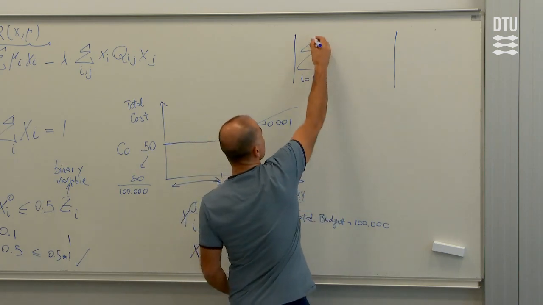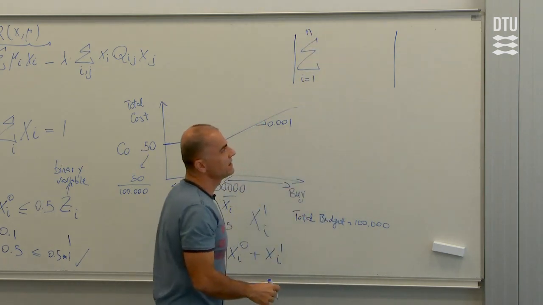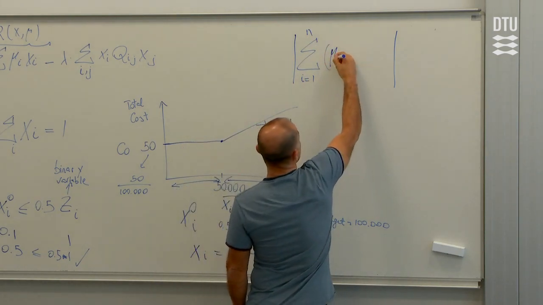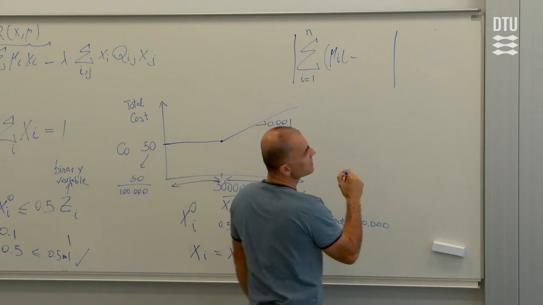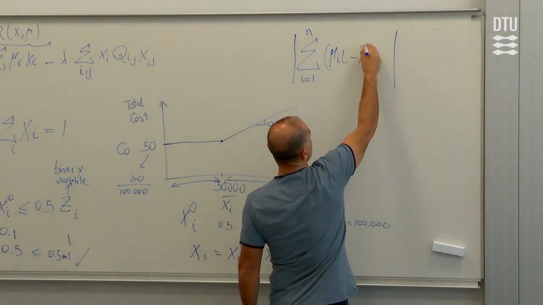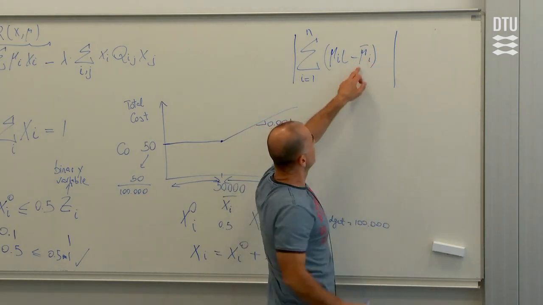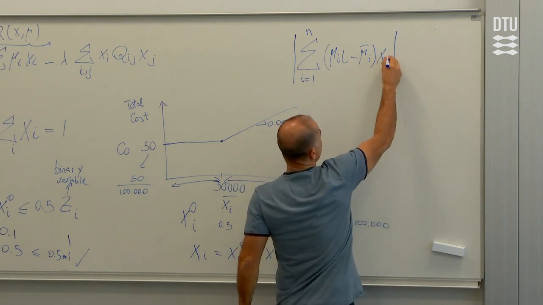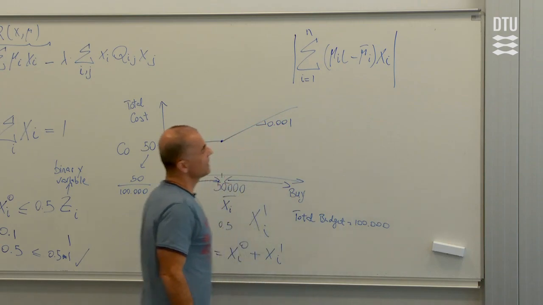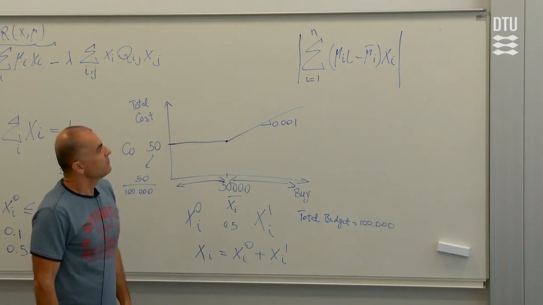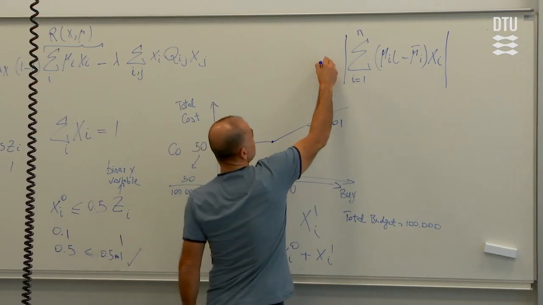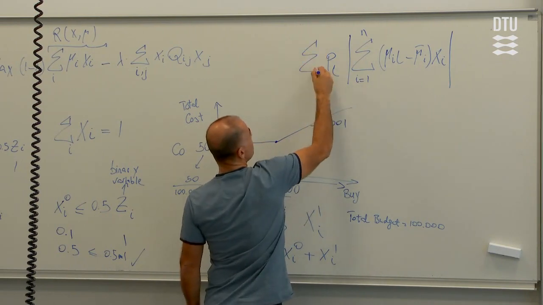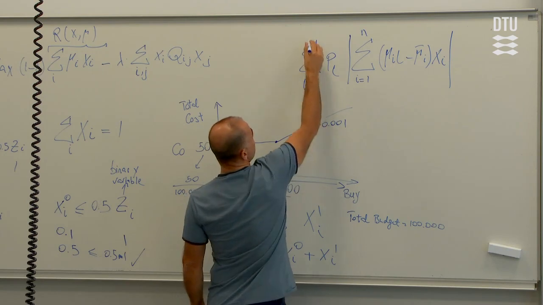So you're summing over assets from 1 to n, and then in the parentheses we say it's mu i l minus mu bar i, which is the average return for asset i, multiplied by x i, which is how much you buy of that asset, right? And then outside that, you multiply by the weights of the scenarios p l, and then you sum over scenarios, which is 1 to S, right?